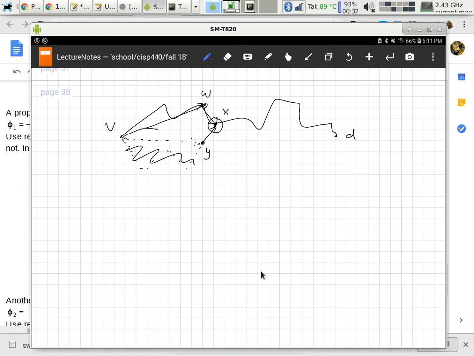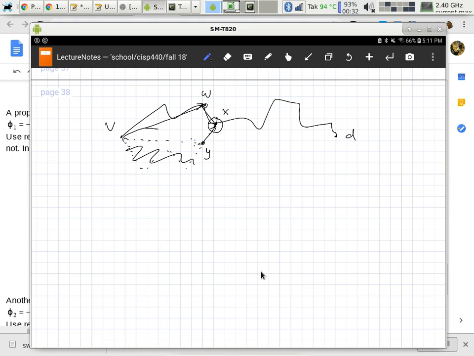VY is one of the incoming edges. When that edge was explored, we would have found that the length of the path from V through Y to D is going to be less expensive than the path of V through W to D. And then we would have updated, according to the conditional statement, erase this edge from E prime, and then add this edge into E prime.